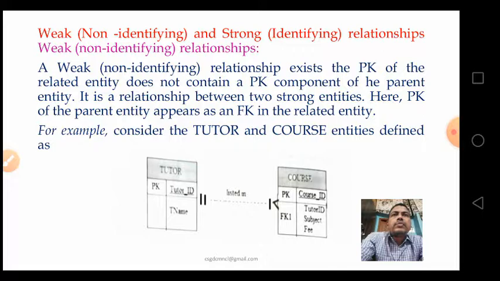In this example, the course PK did not inherit the PK component from the tutor entity. That is a weak relationship.